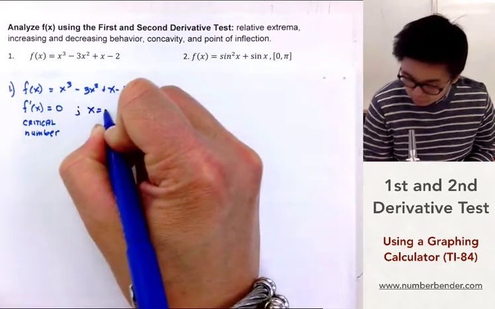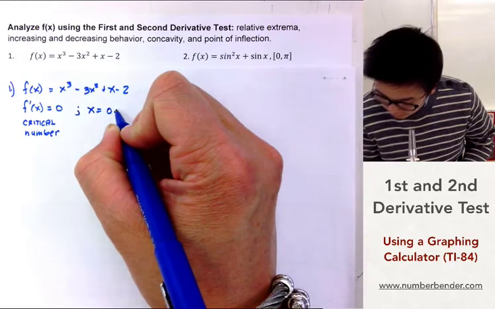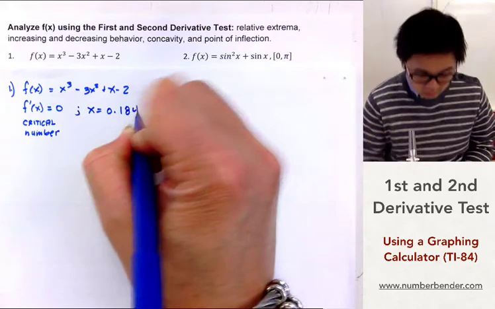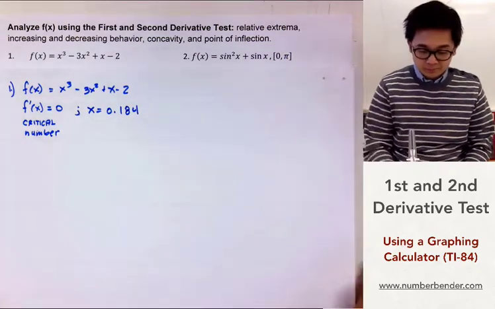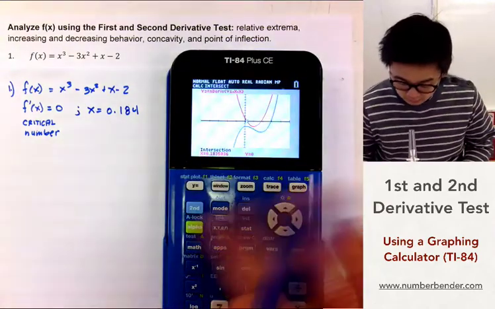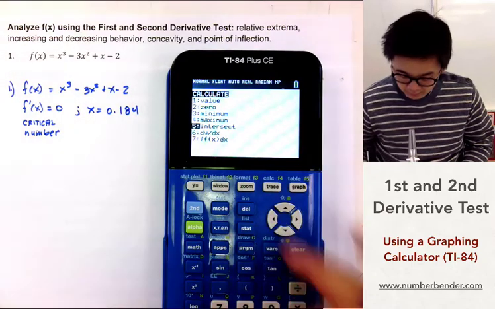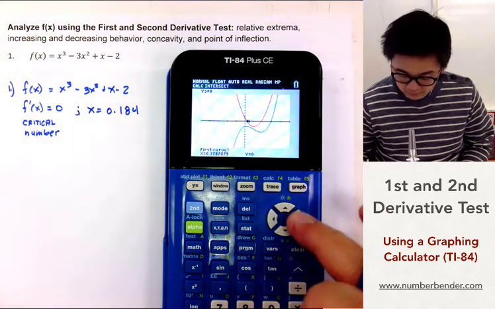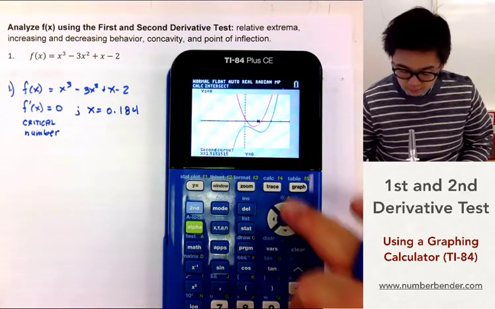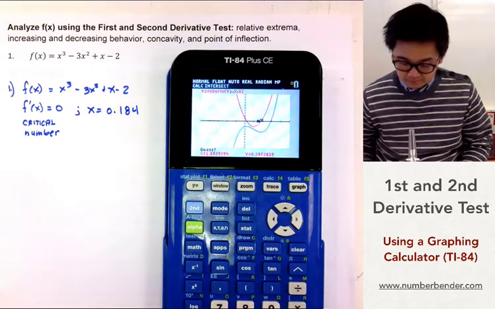X is equal to 0.184. And for the second intersection, we'll find our second critical number. So just push second function trace and go to intersect. Just like what we did, we're going to move this closer to the point of intersection and the red graph.